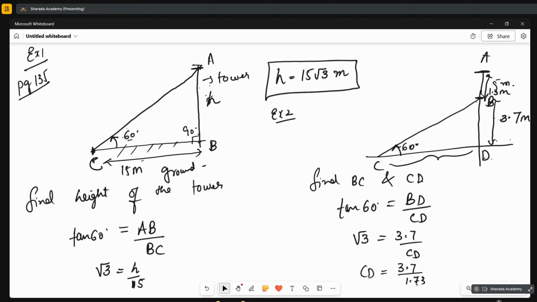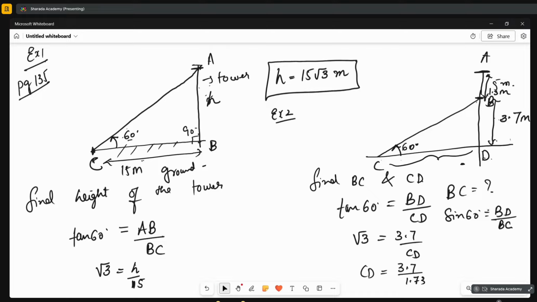This is one thing. Next, I have calculated CD and I want to calculate BC. For calculating BC, I will take sine. Sine 60 degrees is equal to BD by BC. What is sine 60?